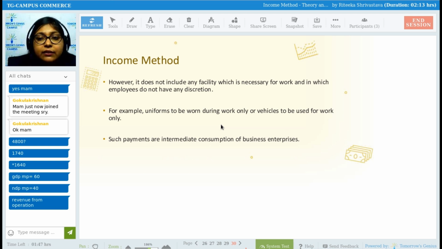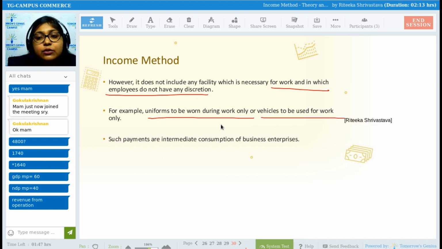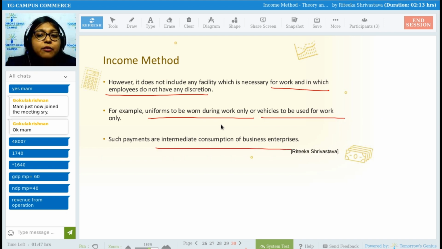It does not include any facility which is necessary for work and over which employees do not have any discretion. Examples are uniforms to be worn during work only or vehicles to be used for work only. Such payments are intermediate consumptions of business enterprises.